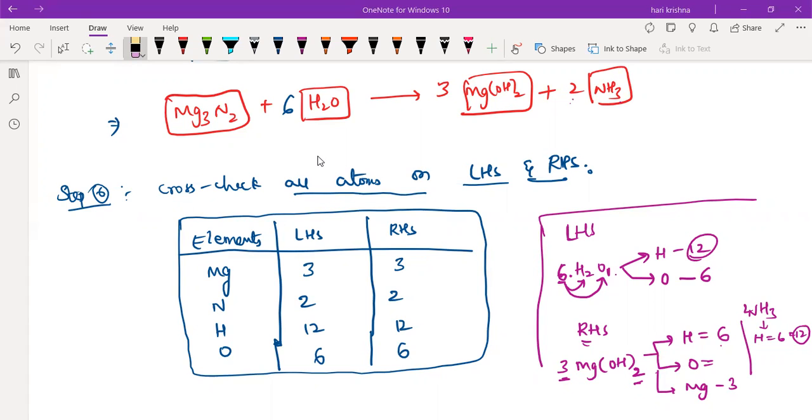So it is 6. So total we have the 6 oxygens. Fine.